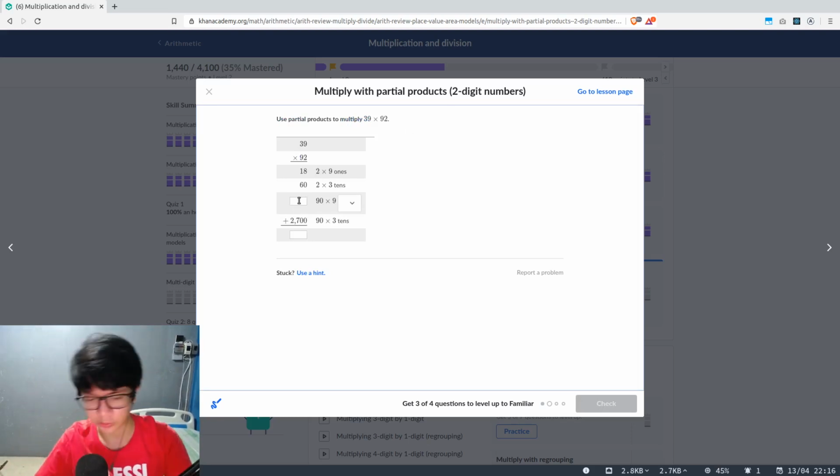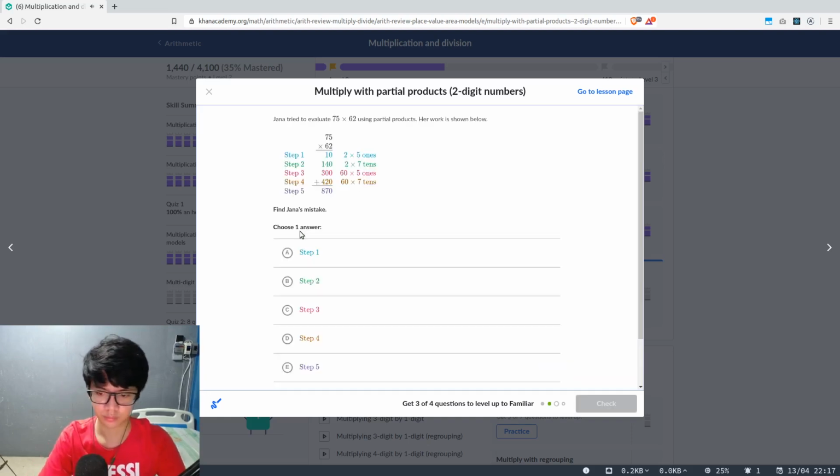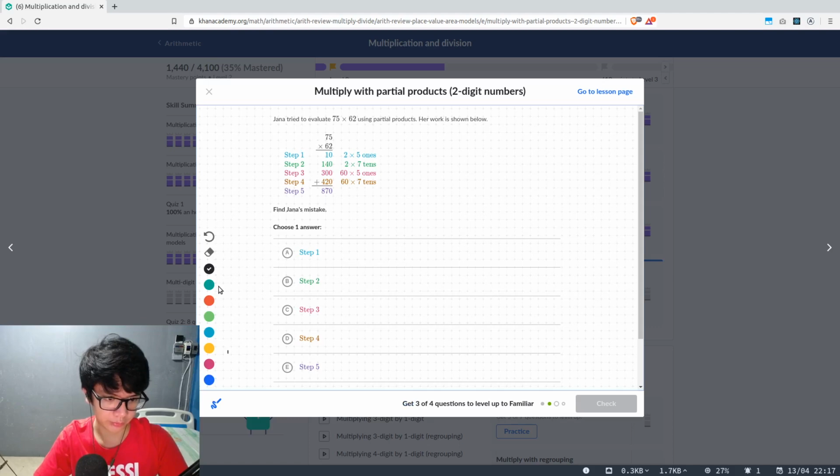Maybe I should try to start on writing things down. Two times 9 ones, 2 times 3 tens. 90 times 9 ones. It's going to be 100. Okay, let's add things up. Oh, I can do this.